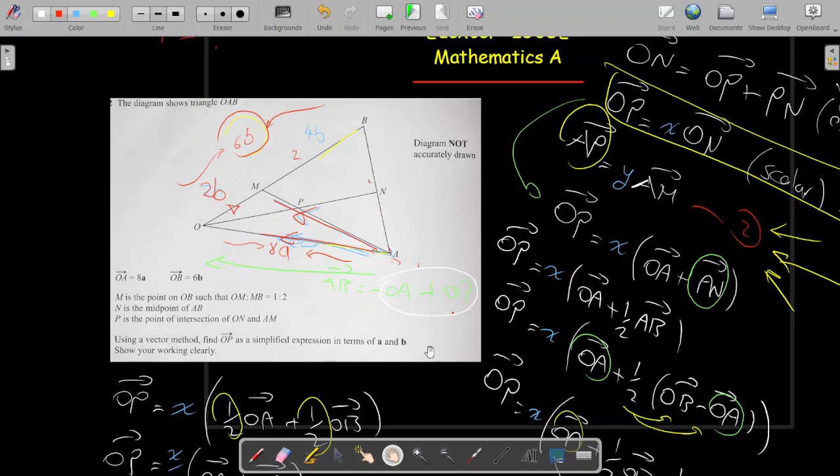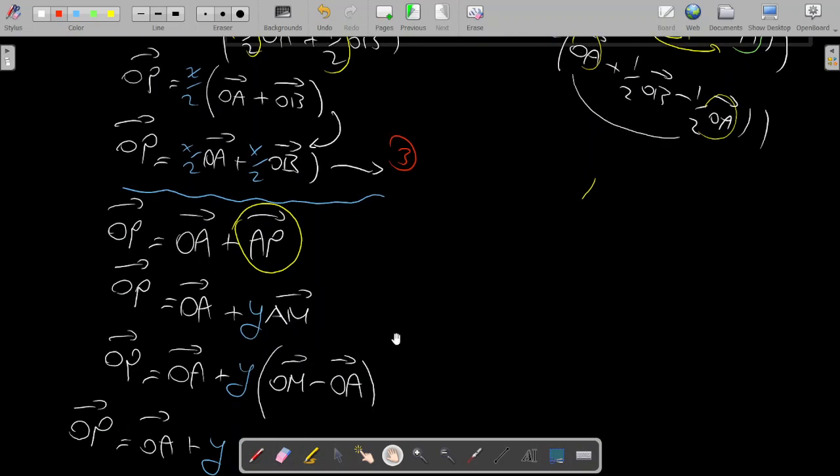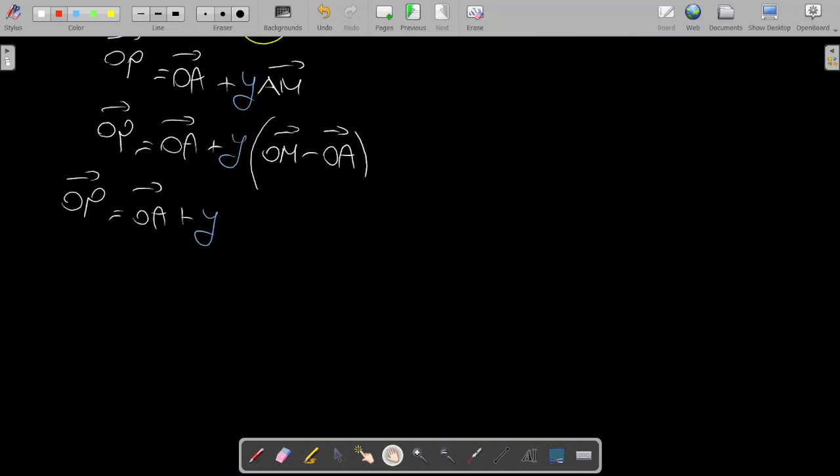So I'm gonna get back here. I'm gonna say that before that, I'm gonna expand the bracket. This is Y multiplied in OM vector minus what? Minus Y multiplied in the OA vector.